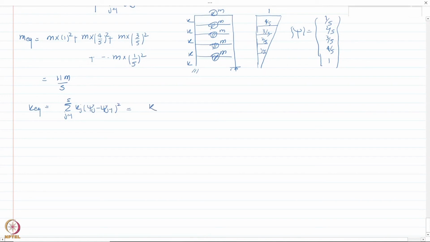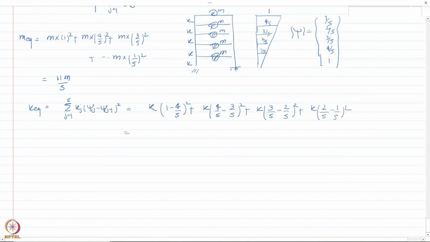So this would be k times 1 minus 4 by 5 square, plus k times 4 by 5 minus 3 by 5 square, plus k times 3 by 5 minus 2 by 5 square, and so on, 2 by 5 minus 1 by 5 square.